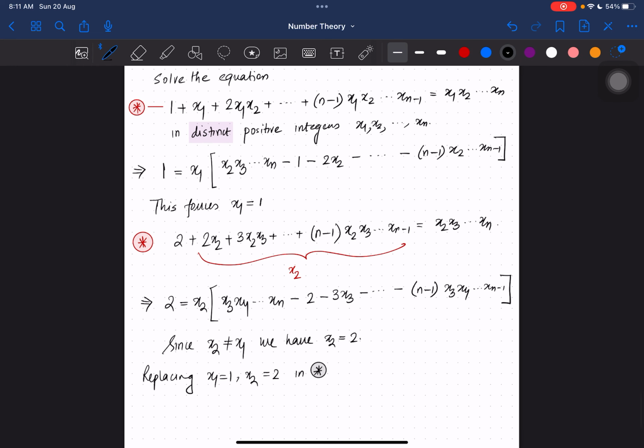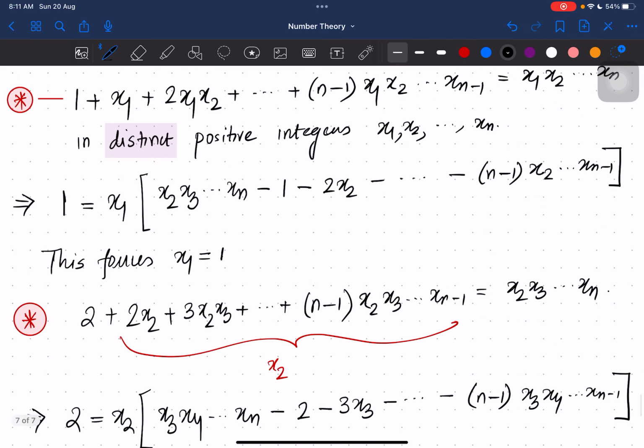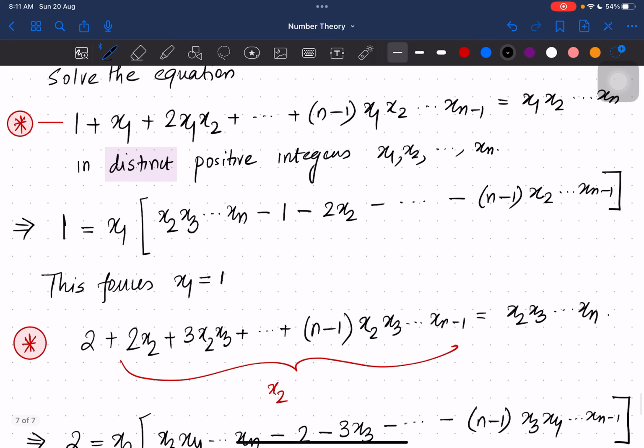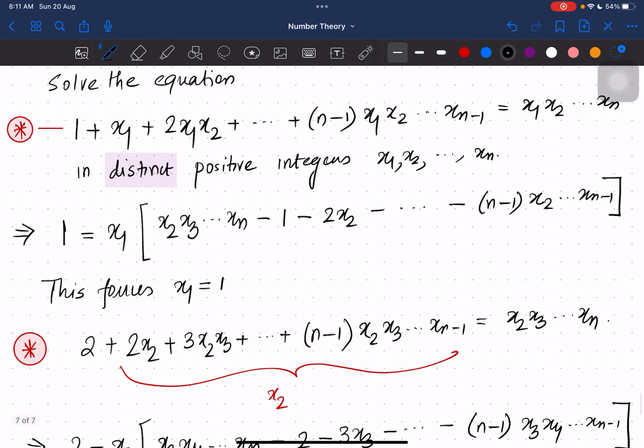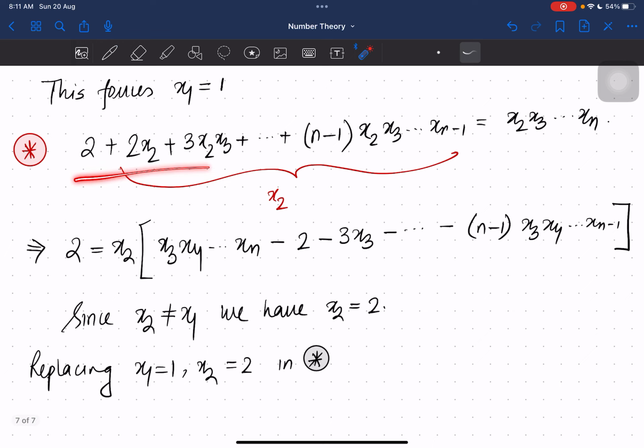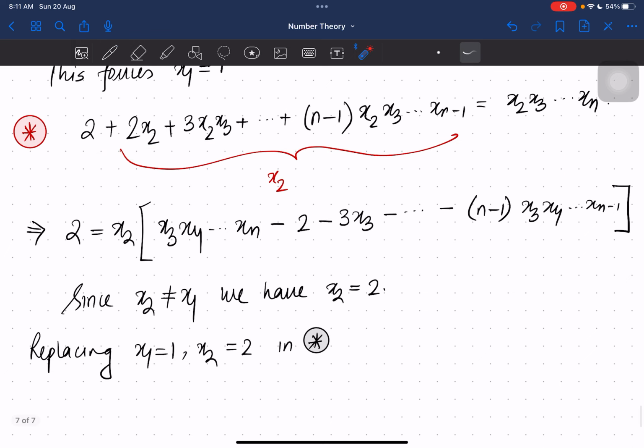So 1 plus, so it is 1 plus 1 plus 4, so it is 6. Okay, so we can write like that. So next term is 3 times x1, x2 and x3 and so on, right? Okay, so anyway, that is fine, we can replace in this reduced form, that will be easier for us.